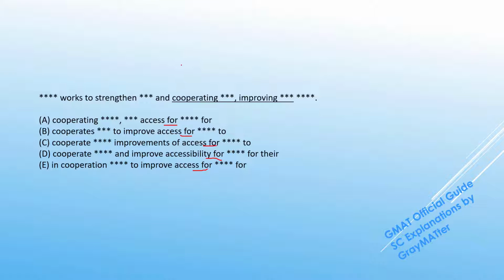But how exactly do you use the verb access in an idiomatic construction? We say he wants access to the lab. So the right idiomatic construction is access to. But what we can see here is that A says it's the access for something, and B says it's the access to something, C says it's the access to something, D says it's the accessibility for, and E again says it's the access for.